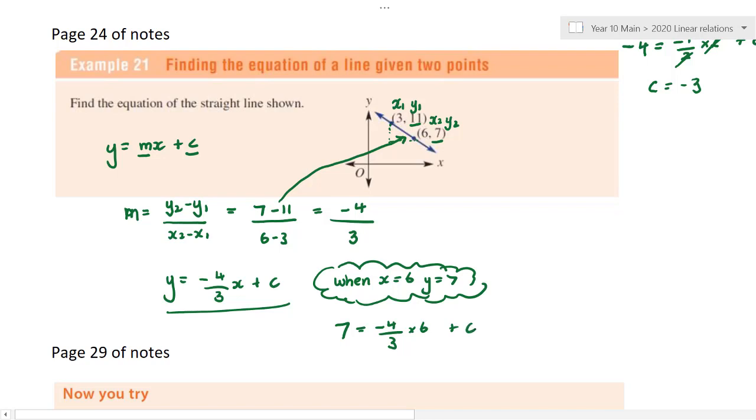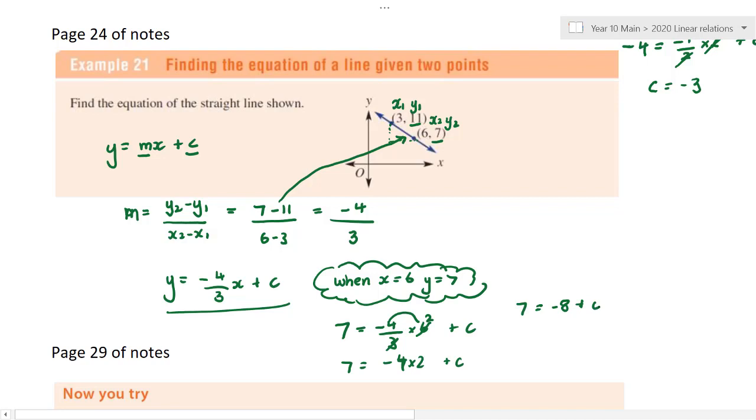Now, of course, you could go ahead and multiply 6 times 4, which is 24, and divide by 3, which is 8. Or we could even cancel this out: 3 goes into 6 two times. And of course, that's going to be minus 4 times 2 plus c, multiplying across, which is negative 7 is equal to negative 8 plus c.